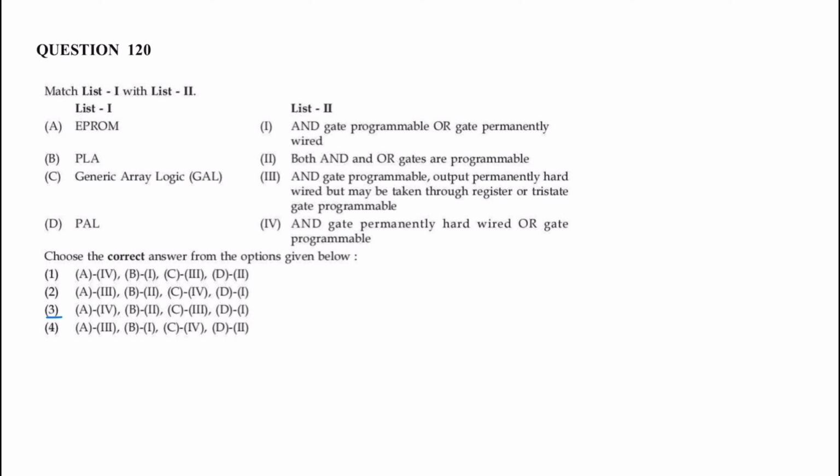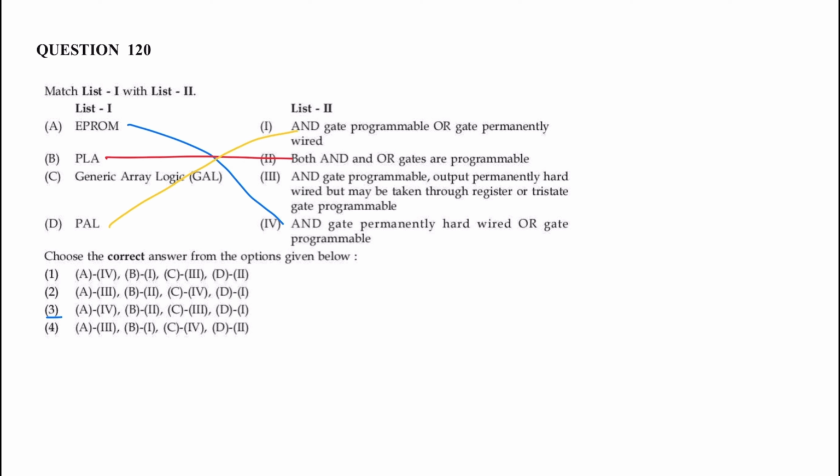EPROM, erasable, programmable, read-only memory. AND gate is permanently hardwired and OR gate is programmable. So for A it is 4. PLA, programmable logic array. Both AND gates and OR gates are programmable. PAL, programmable array logic. AND gate, programmable.